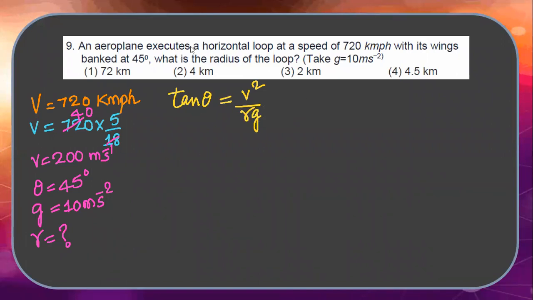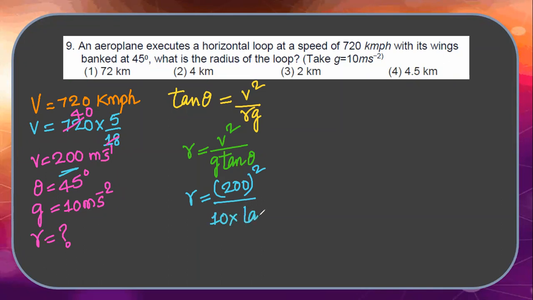Then what we have to calculate? R is to be calculated. Therefore, R is equal to V square by G tan theta. V square divided by G tan theta. Then R is equal to, what is V? V for velocity. It is 200 meters per second. 200 whole square divided by G is 10 into tan theta.